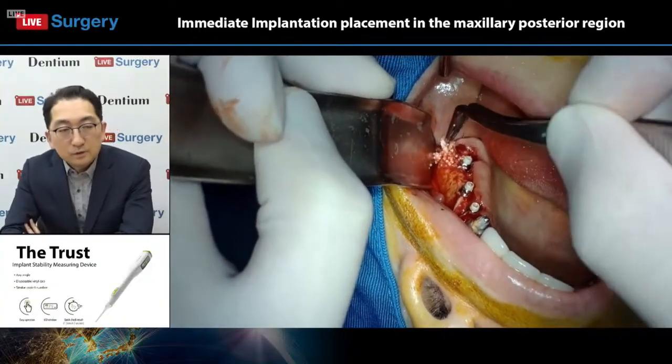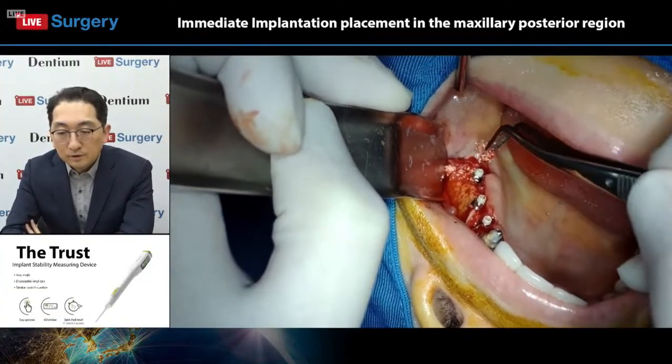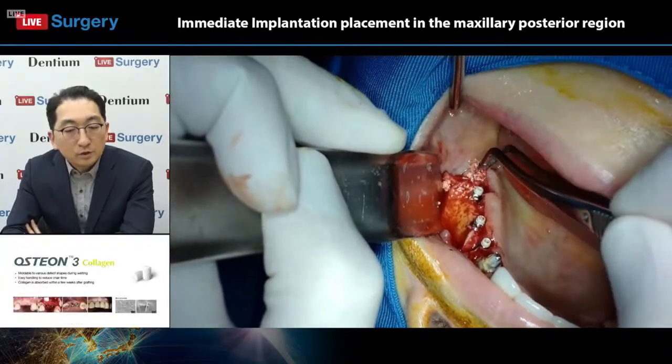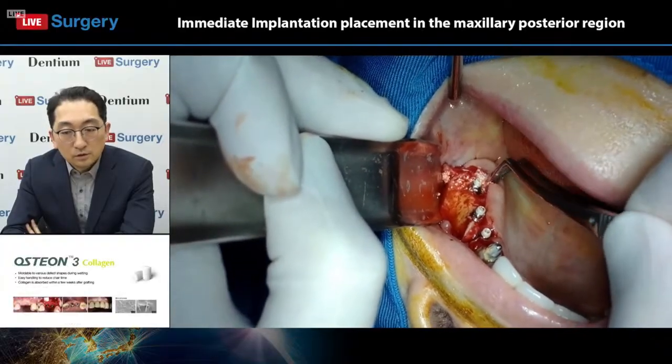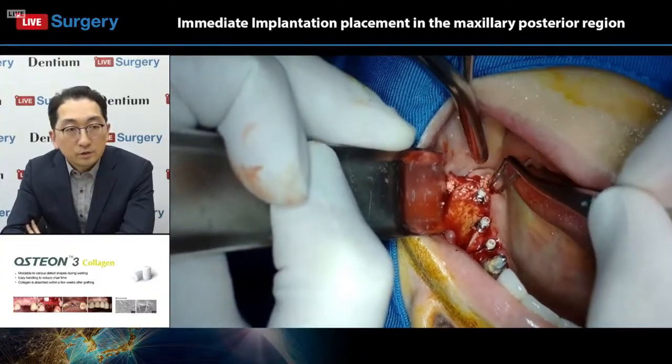After fixture placement, bone grafting is performed on the remaining area of the extraction socket using osteointegral collagen.